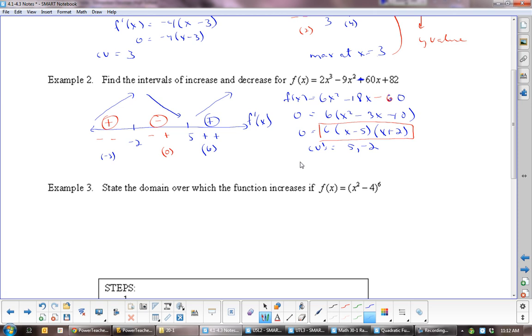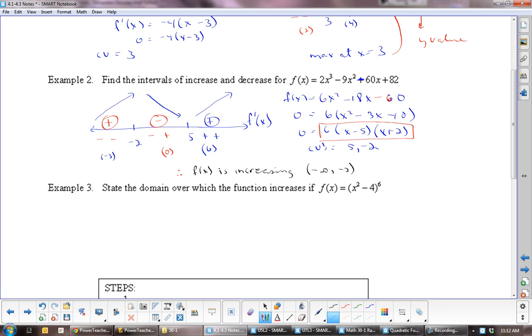Okay, now let's use the notation though. So f of x, therefore, f of x is increasing. Okay, what's the interval that it's increasing? Negative infinity, comma, -2. Now, are we using round brackets, square brackets?